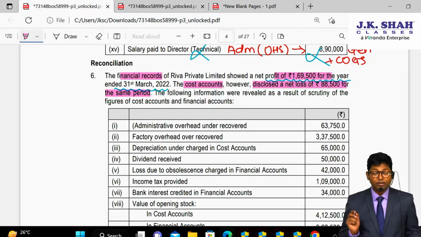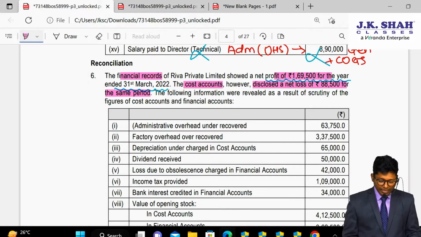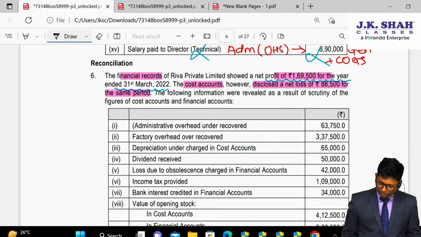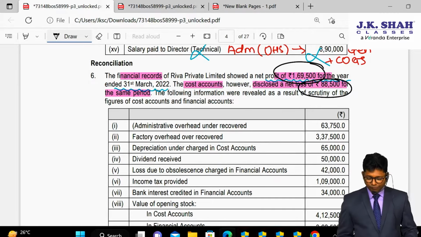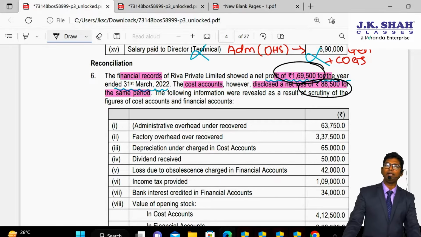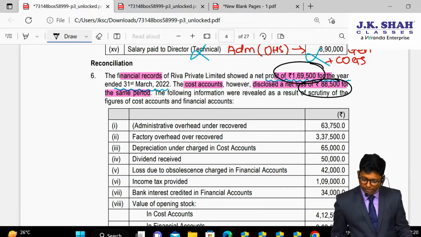That means the company's financial accounting is showing profit, whereas cost accounting is showing losses. Done? The next point says the following information was revealed as a result of scrutiny of the figures of cost accounts and financial accounts. They haven't provided you the entire P&L, they have given you scrutinized information.